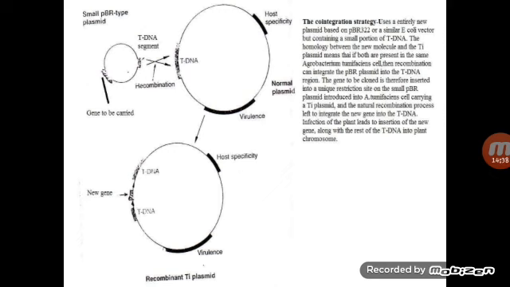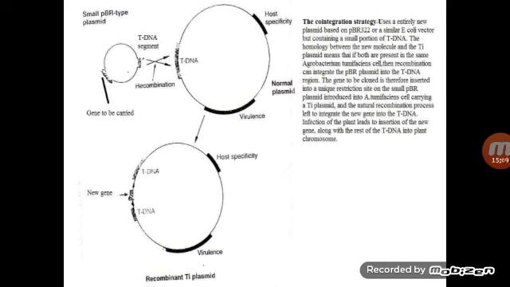Our desired gene is carried by the small pBR-type plasmid. The normal plasmid has the sequences for host specificity, virulence genes, and the T-DNA region. The small pBR-type plasmid integrates into the T-DNA region.